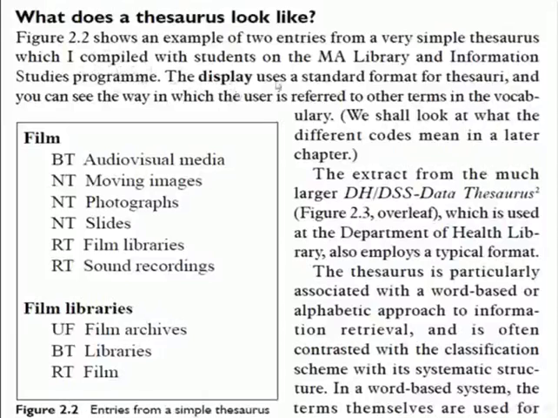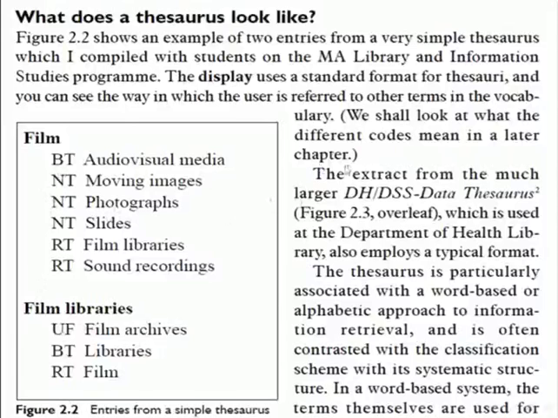The display uses a standard format for thesauri, and you can see the way in which the user is referred to other terms in the vocabulary. We shall look at what the different codes mean in a later chapter, different codes here, BT, NT, and so on.